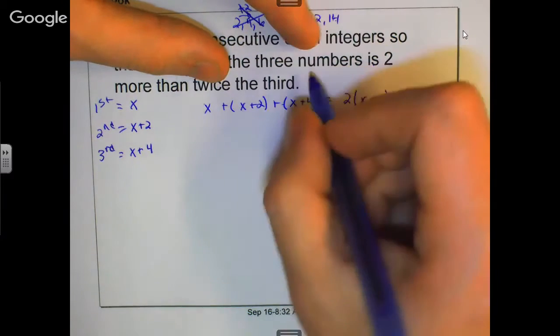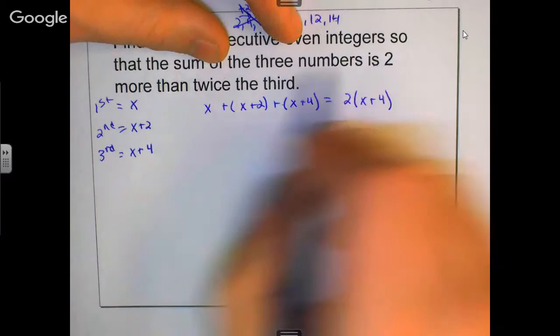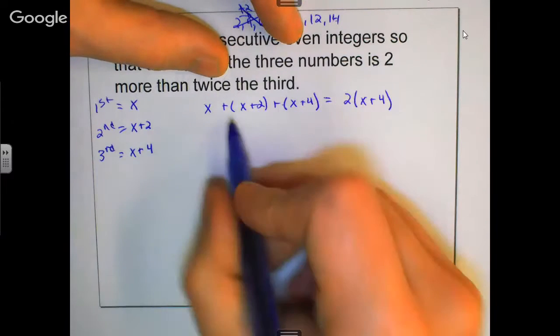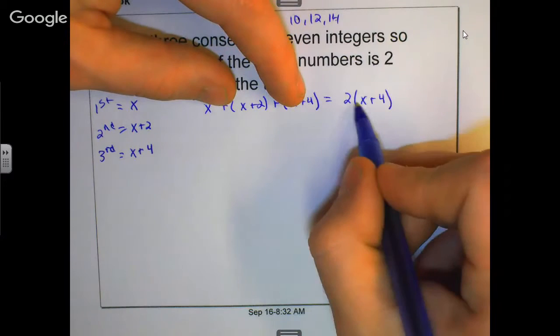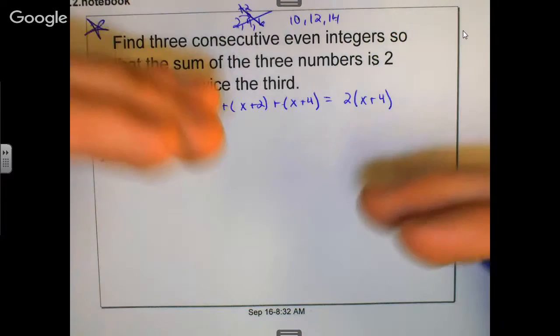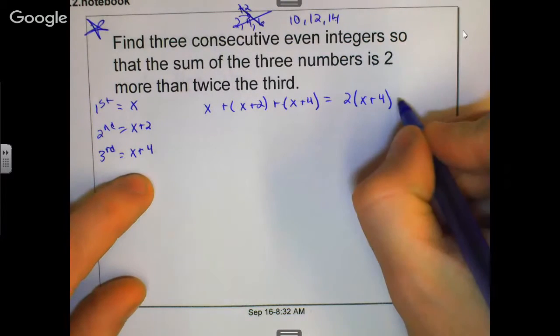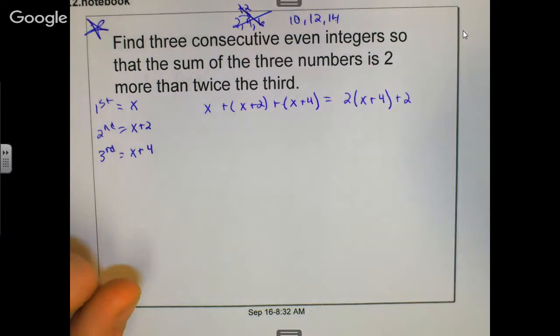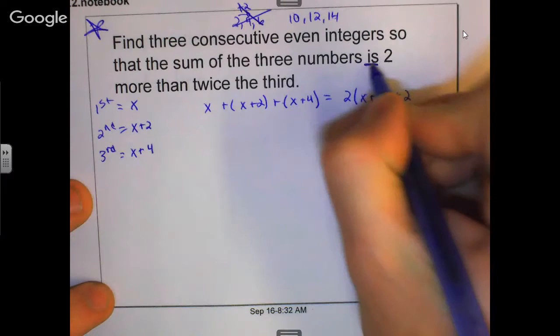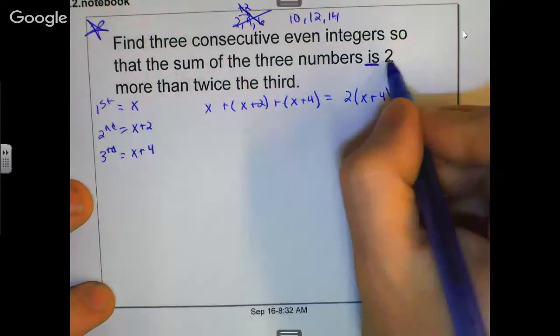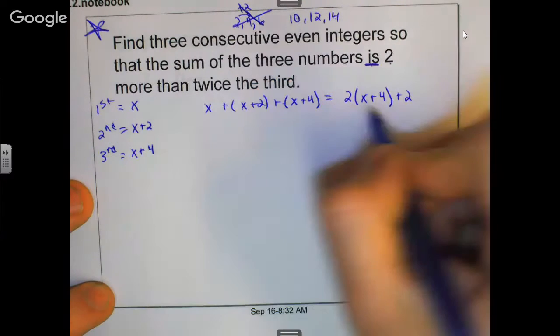It says the sum is 2 more than twice the third. So this side is 2 more than the other side. To make them balance out, kind of thinking of a scale, we have to add 2 more to the side that's smaller so that they are equal. And since it says equals 2 more, you're going to add 2 to this side.